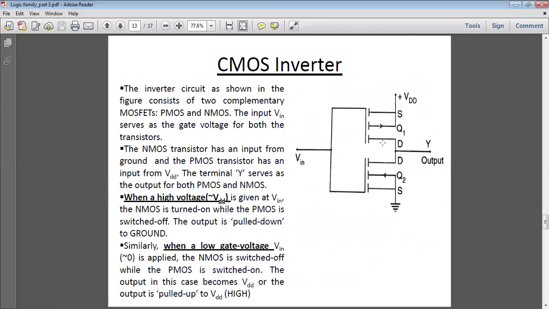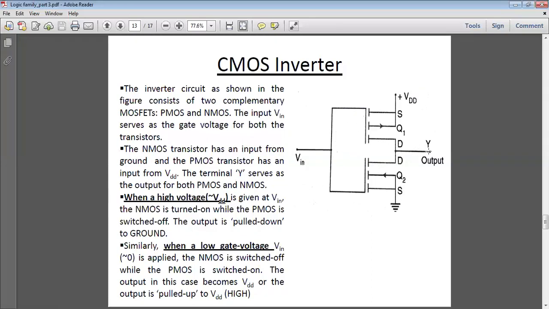It consists of one P channel and one N channel. Both the drains are connected to Vin. For the N channel MOSFET the source is connected to ground. For the P channel MOSFET the source is connected to the supply. Both the drains are connected to the out terminal. So when a high voltage is applied to the input, then NMOS is turned on and PMOS is turned off.